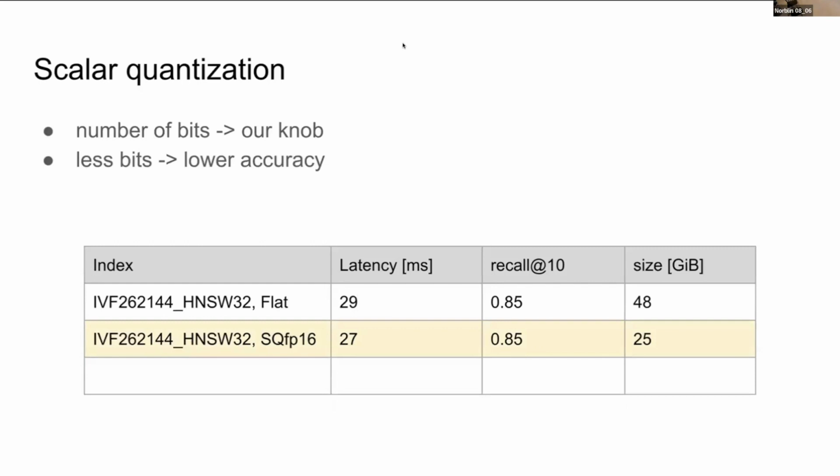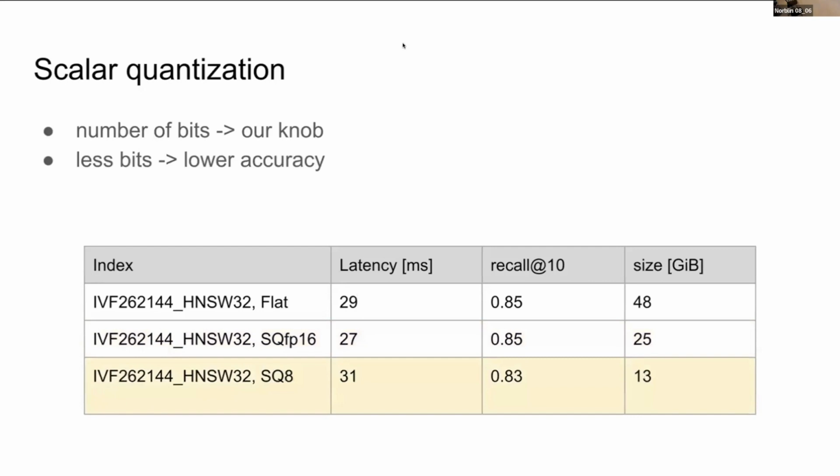So for many workloads, SQ FP16 would be basically lossless. And if we go even further and use SQ8, we would see that the size of the index is about a quarter of the original size, so only 13 gigabytes, and recall is very, very similar. So basically no significant accuracy loss, and we are using only 1/4 of the original memory, which is pretty great.